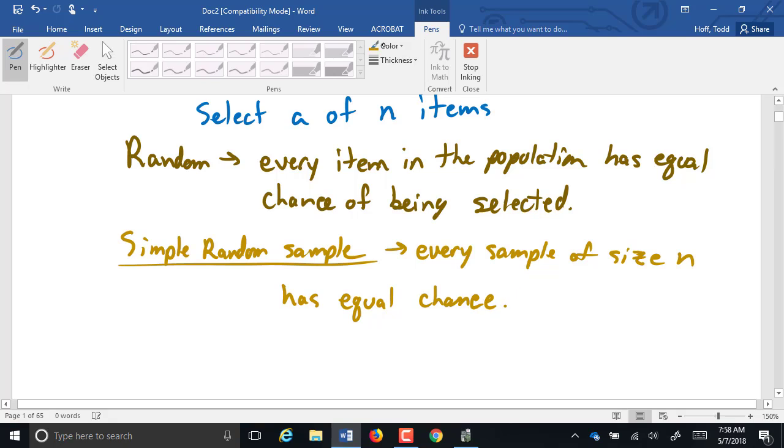Now, simple random samples do not occur very often in manufacturing because how often would they grab 2 parts in a row off the line and test? Not very often, right? They kind of want to spread them out so they're getting a better picture.